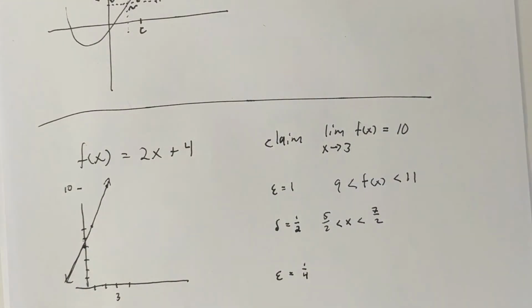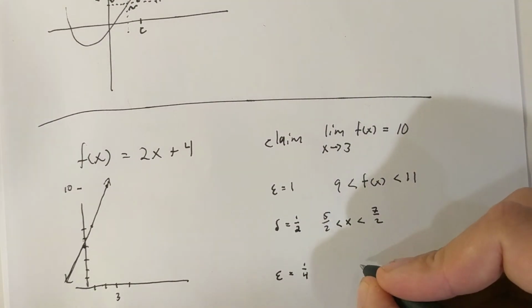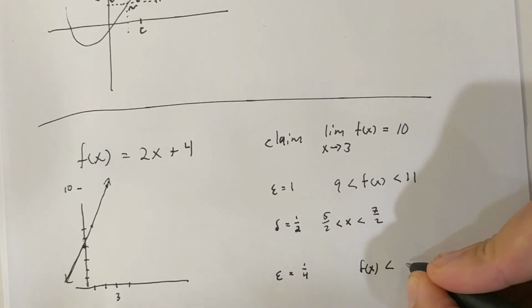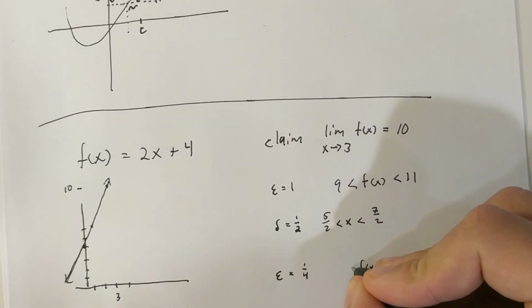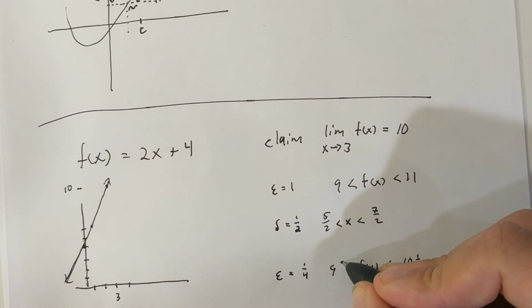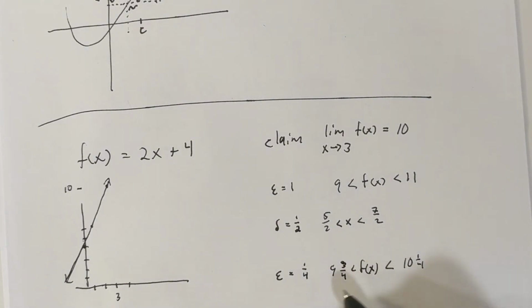I want you to be within 1/4 of the limit, which means my function needs to be less than 10 1/4, while it also needs to be greater than 9 3/4, right? Okay, that's where my function needs to be.